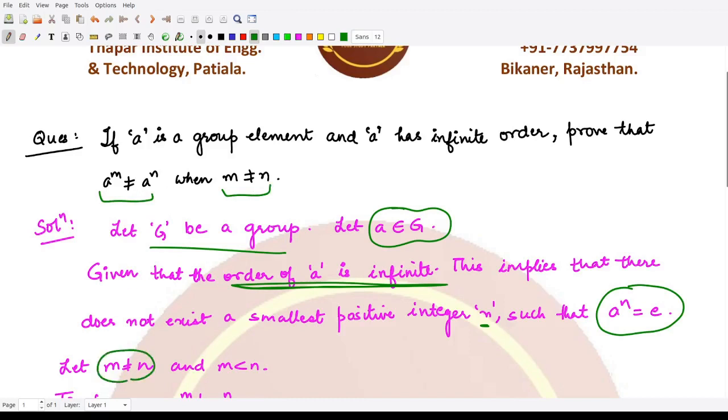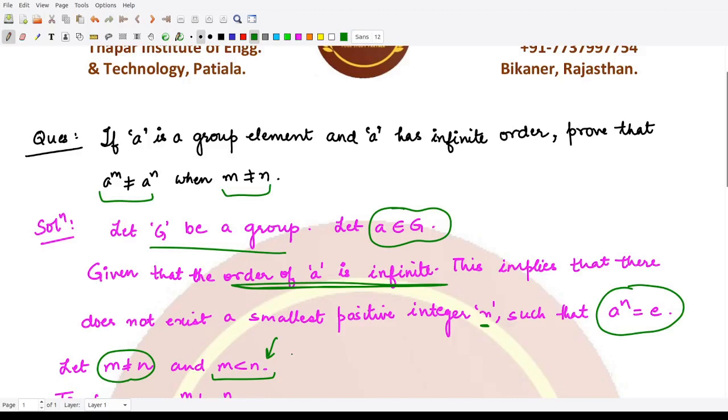So that means one of them is bigger and one of them is smaller, right? So we assume that m is less than n. It would also prove the other way around, because these two elements are just arbitrary elements. So the role of them could be reversed in this case. Hence, only one case is required to be discussed in this particular case, right?